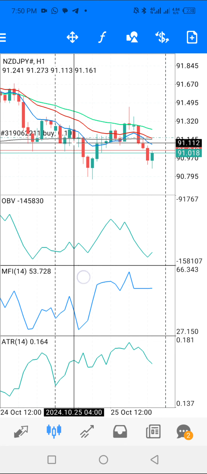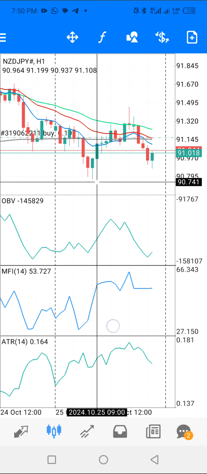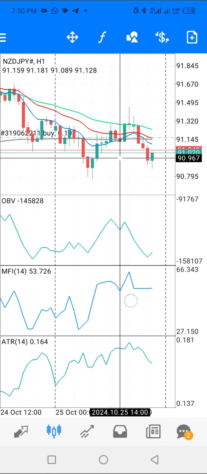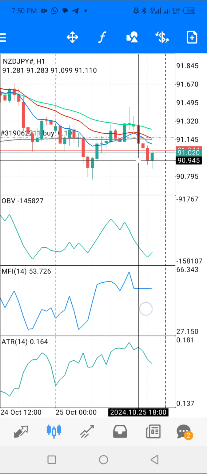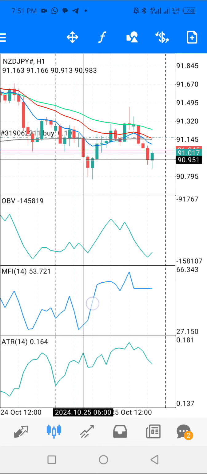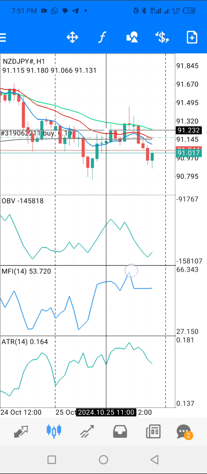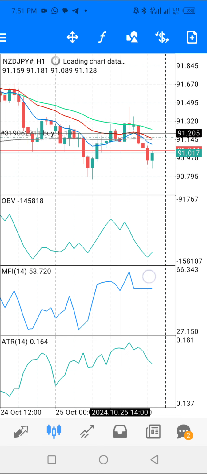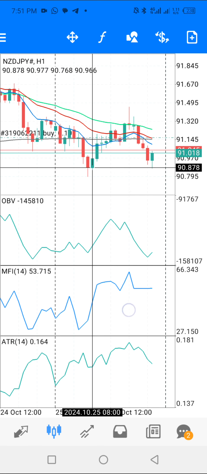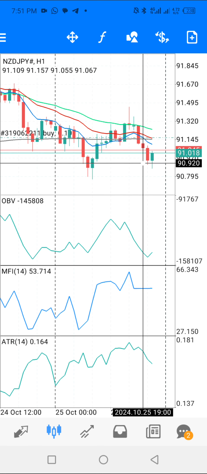When you enter a trade on a V-shaped bottom like this, usually it returns back, and that's what it did here. So even in trying to take the trade, you may have a close above either of the EMAs and you may have an entry, but it is usually preferred that you wait and see if price will return back to that same area and then show signs of recovery.